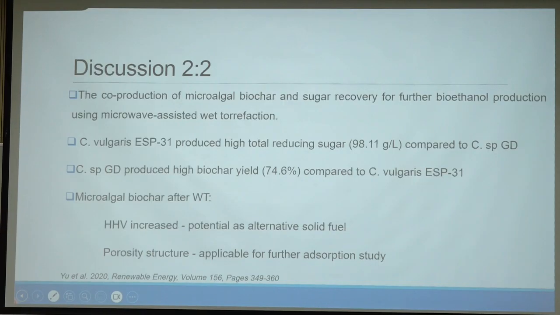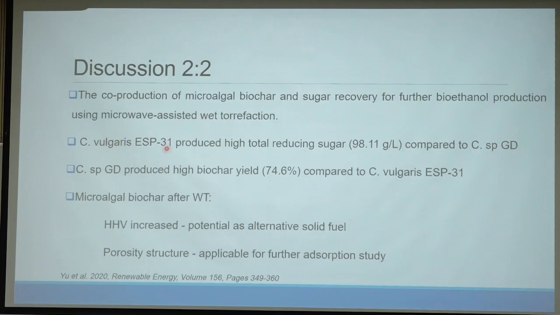So yeah, this is what we found. The outcome is almost similar to what we found from the previous study. The co-production of the microalgae biochar and also the sugar can be recovered for further bioethanol production by using microwave-assisted production from the microalgae biomass.